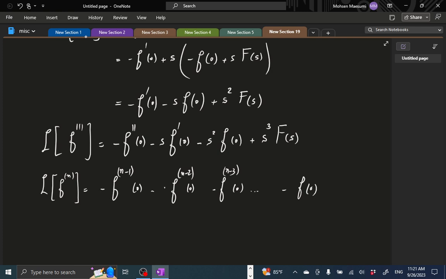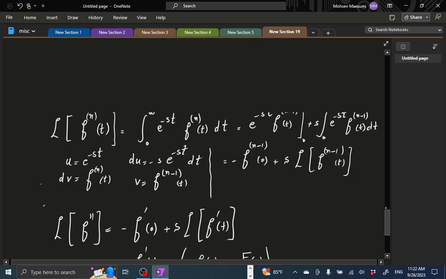Start with 1, then s, then s squared, and finally we have s to the power of n minus 1 times f of 0, and then at the end is plus s to the power of n F(s). So perhaps a bit complicated, but that's what we achieved.